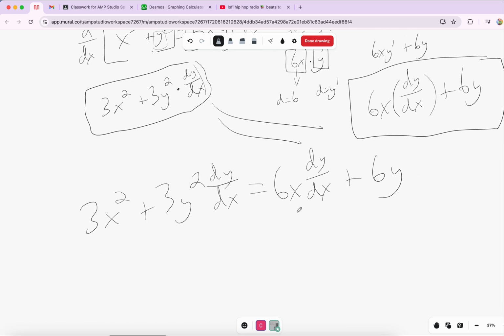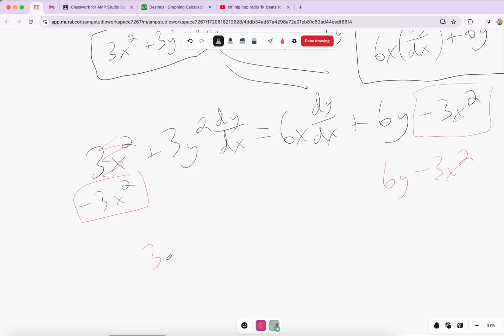Okay, let's balance it. Let's start by subtracting 3x squared from this side, and subtracting 3x squared from the other side, so that it's gone on this side. That gives me 6y minus 3x squared on that side.